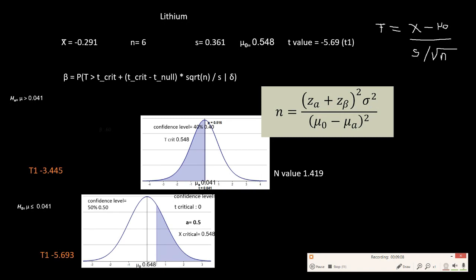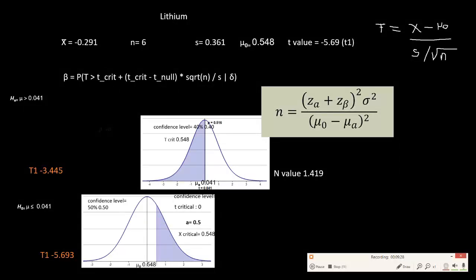We subtract them, then take the standard deviation divided by the square root of n, then you divide the two values and you come up with the distance.